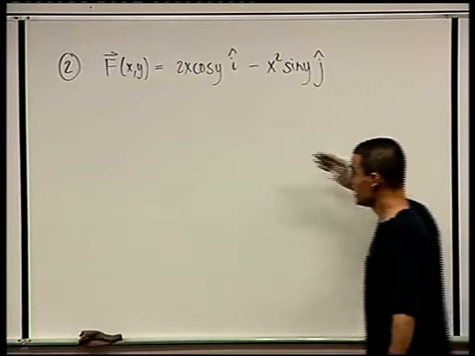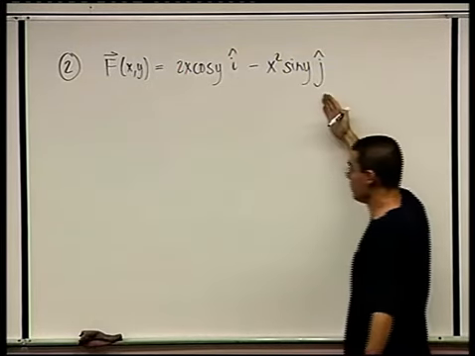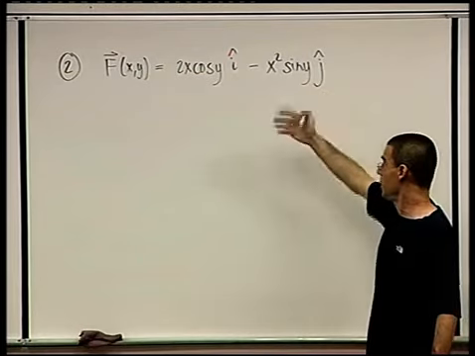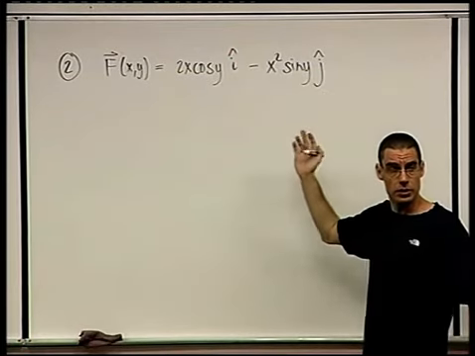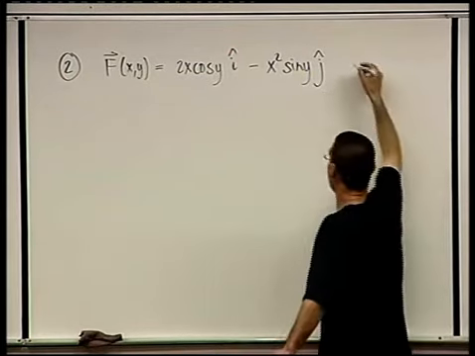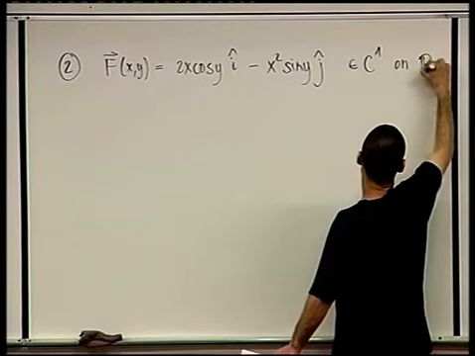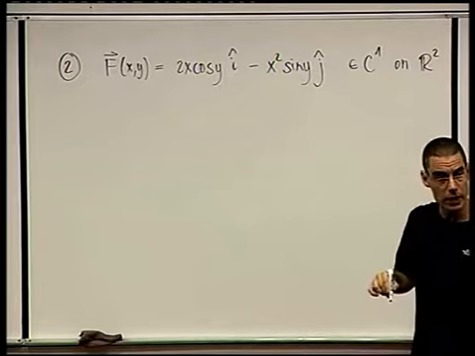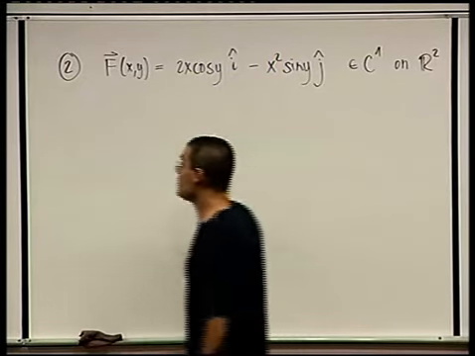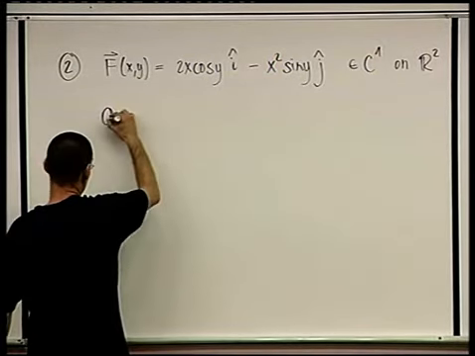Once again, this field is C1. All the derivatives are going to be continuous partial derivatives on the entire plane. There's no issue here. Okay? Let's check if qx equals py.